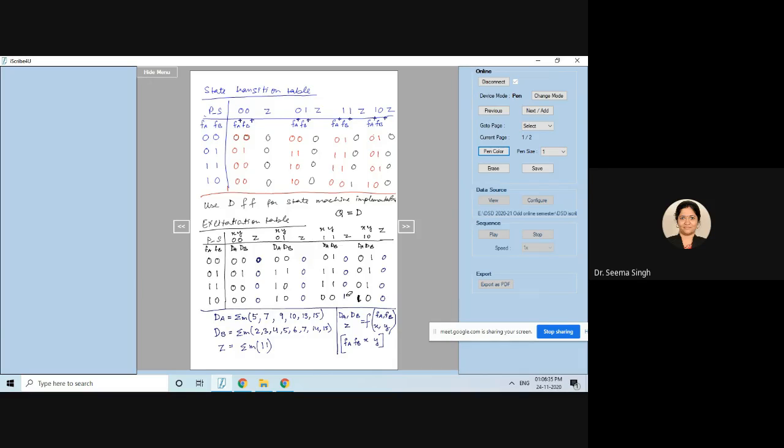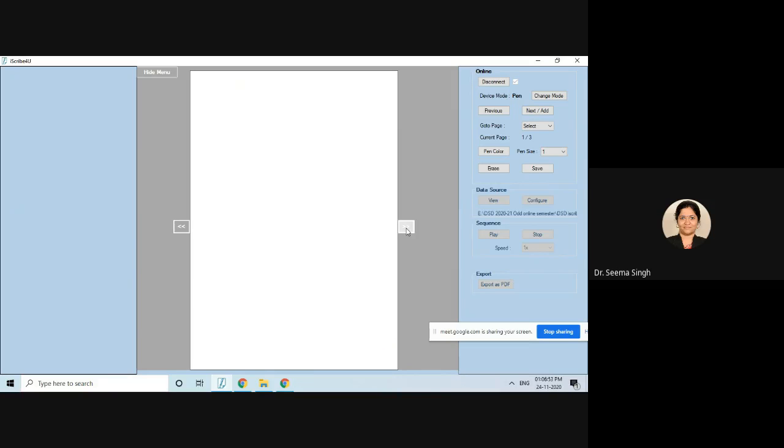Next, what are we supposed to do? Anybody can guess? Next, what are we supposed to do? In 5 minutes, your answer will be there in front of you, the final answer. Little K map. Very good. Right. You are supposed to make a K map now. So I have to make a K map for DA now.